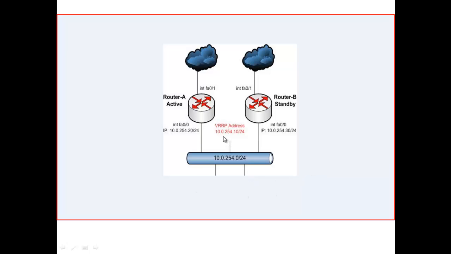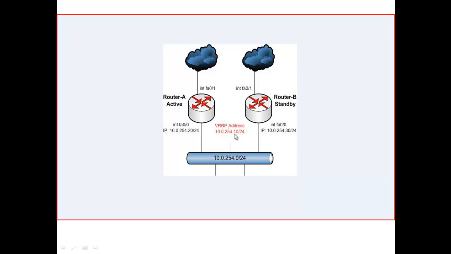And in this case, we have 10.0.254.10 for the /24 network, and thus router A having 10.0.254.20/24 and router B having 10.0.254.30/24.